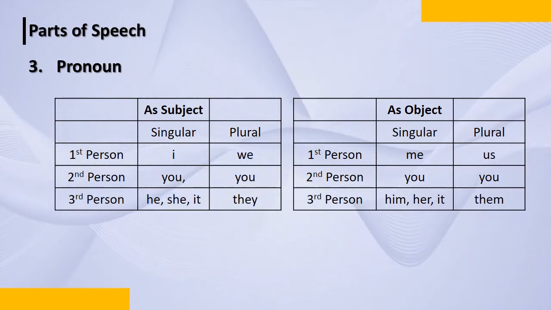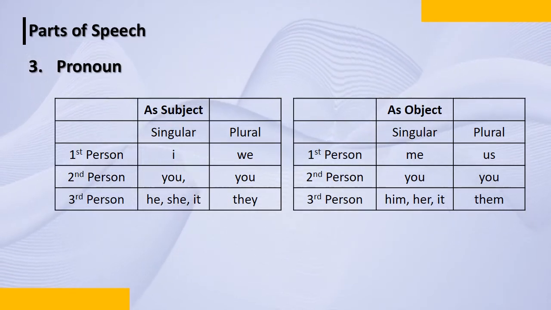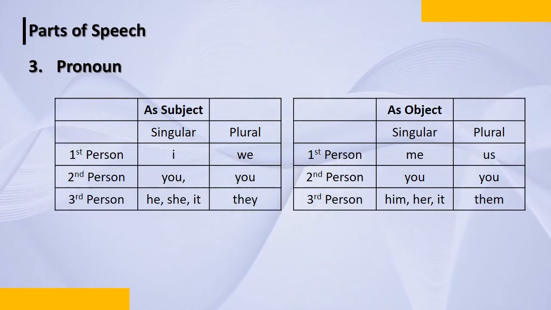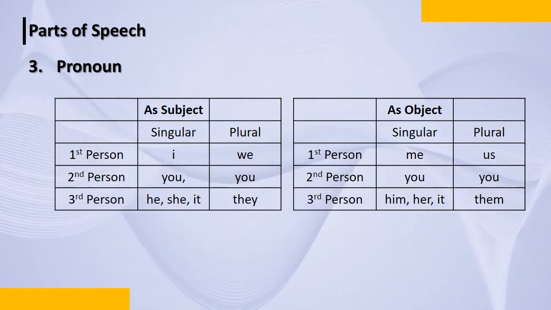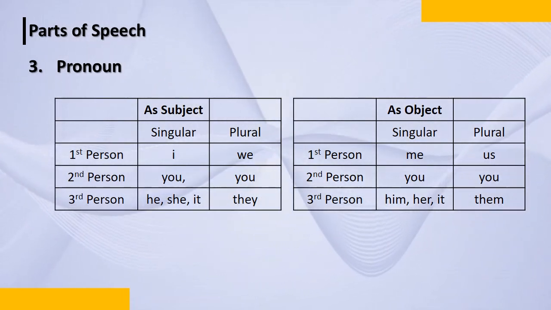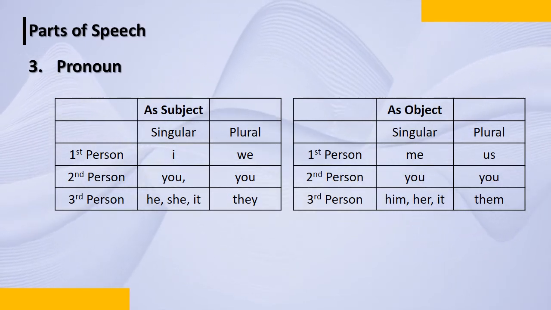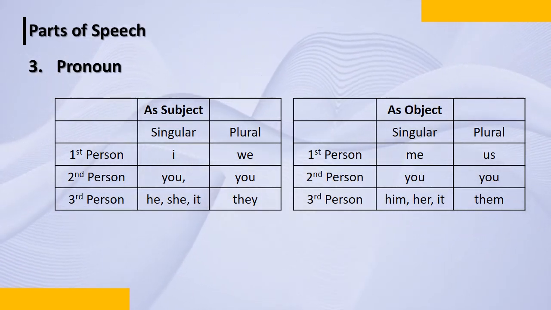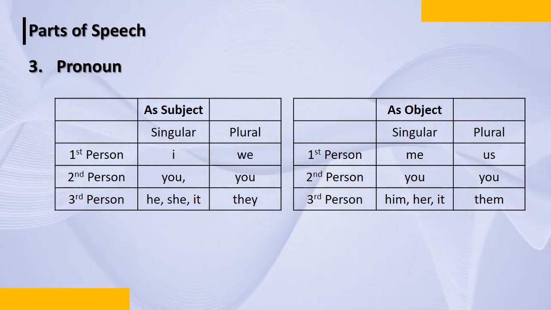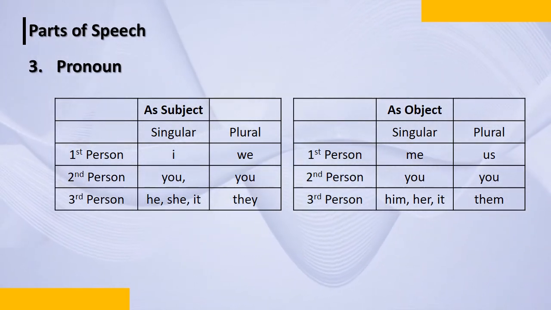Mary is Raju's sister. Mary is studying in grade 2. Instead of repeating Mary, I would say Mary is Raju's sister. She is studying in grade 2. So it's singular, and in the object it is she. Or I say Raju has a sister. She is studying in grade 2 and her name is Mary.